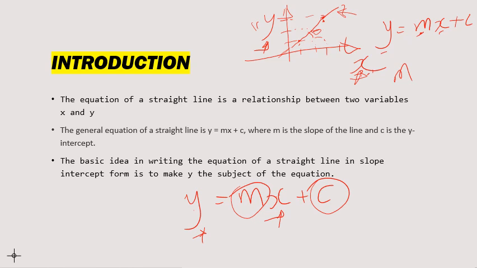So the whole idea, when you have a scenario like that one, you just have to make y subject of the formula. You can have different form of this, but you just have to make sure y should be dependent on x. Okay, so for you to have y, you need to have x. Something like that. Y depend on x.